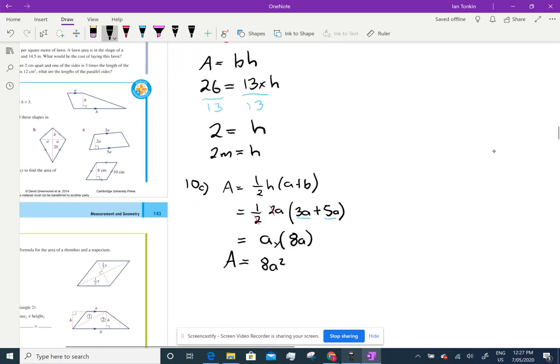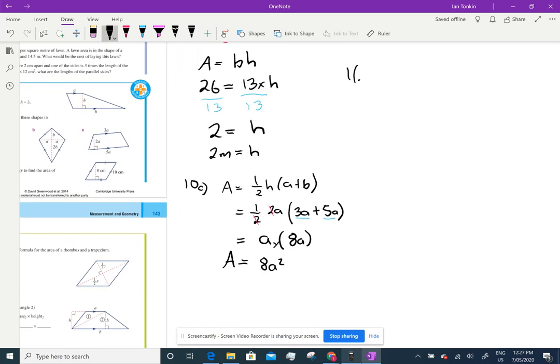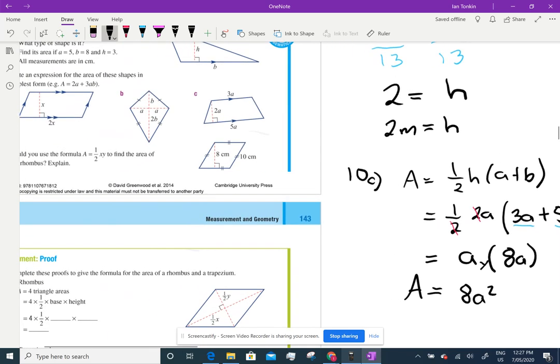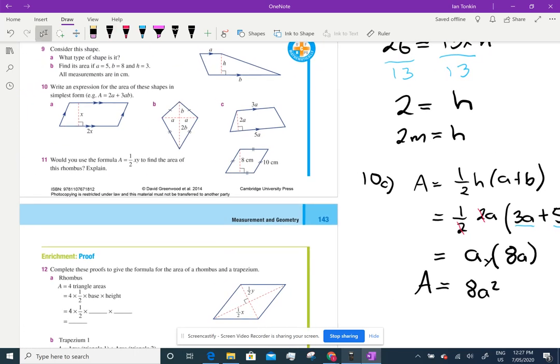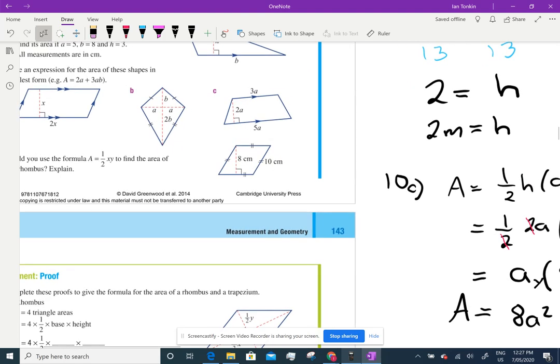Question 11. It's an interesting question. I'd like you to have a go at it. You need to know a bit of geometry to be able to do this question. Now, this shape here is a rhombus, but they didn't give us the diagonals. But you need to understand that a rhombus is a parallelogram.